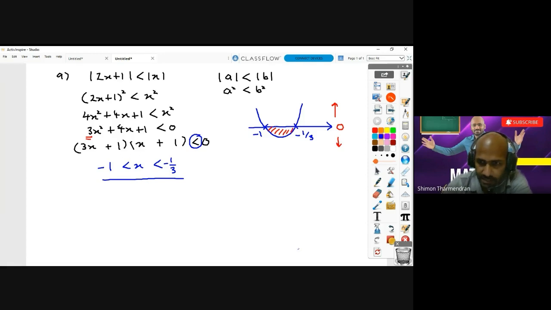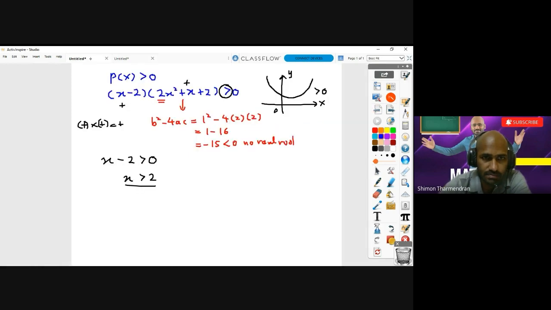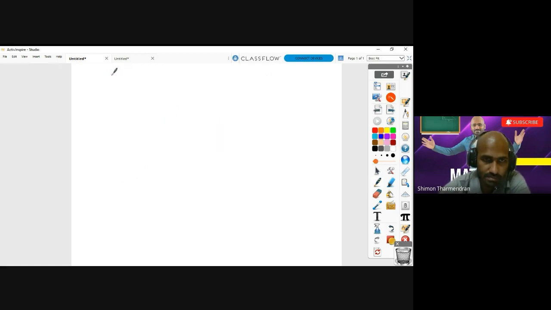And then the next one, number 10, is also going to be the same. This is quite fast, it's just inequalities, but I'll do the solution quickly so at least you guys and girls can refer. We have modulus x plus 1 greater than modulus of x. Again, we square both sides of the equation.